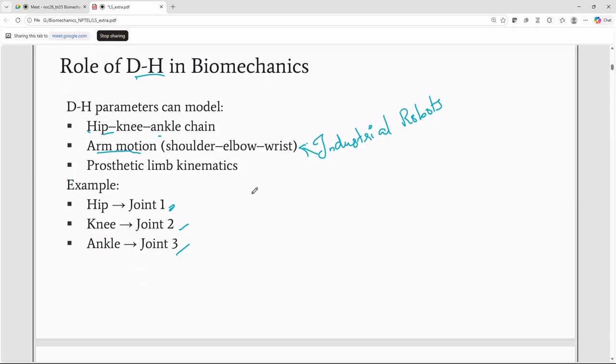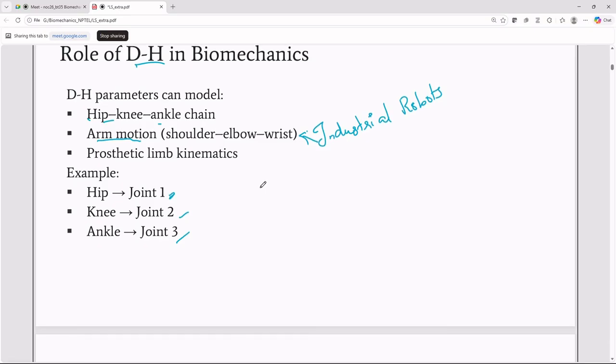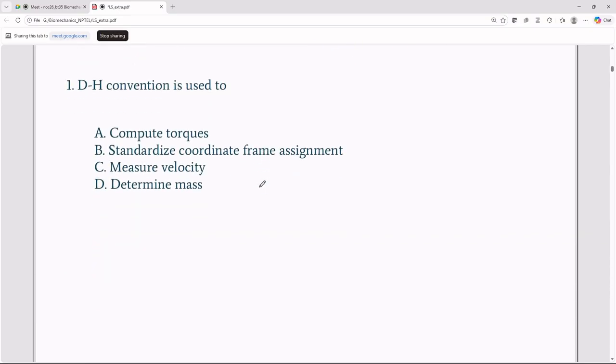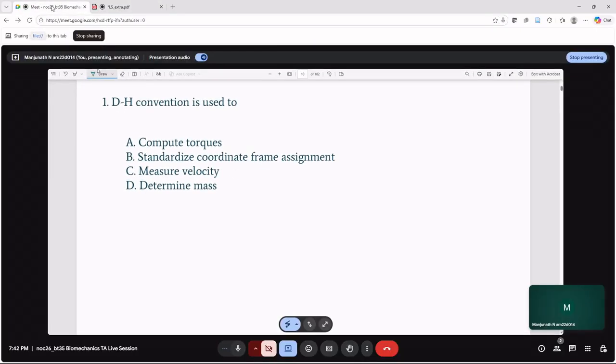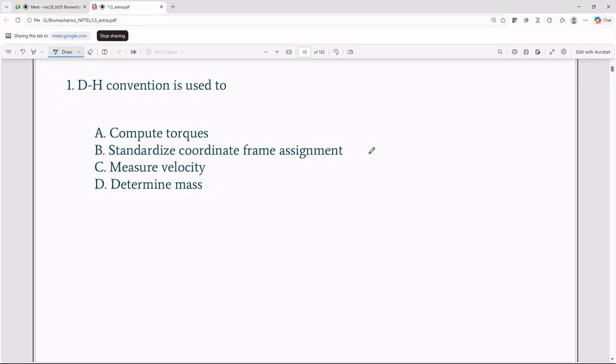So let's start with our questions. First question: DH convention is used for which of the following? Comparatively simple question. What is the use of DH convention?